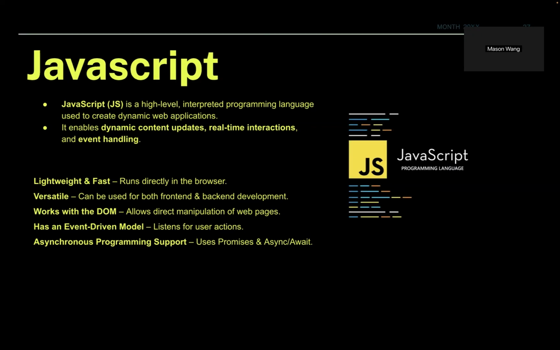It also works with the DOM, which allows direct manipulation of the web page, and we're going to discuss that later in this presentation too. It also has an event-driven model, which listens for user actions, making interactivity really easy. Last but not least, it supports asynchronous programming, which uses promises and async/await, and we're going to talk about that later too.